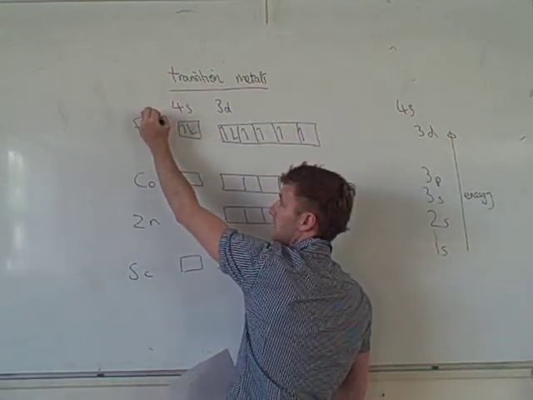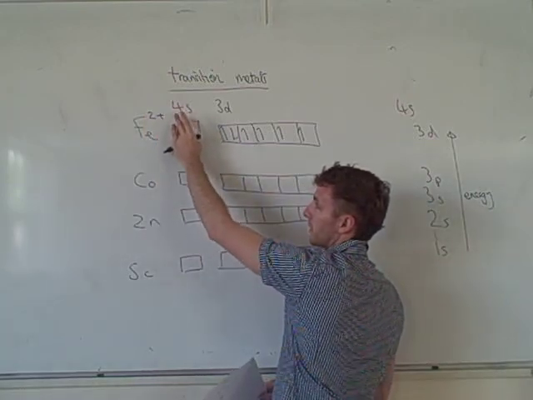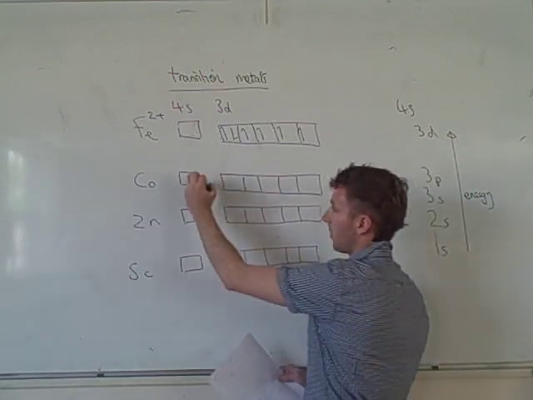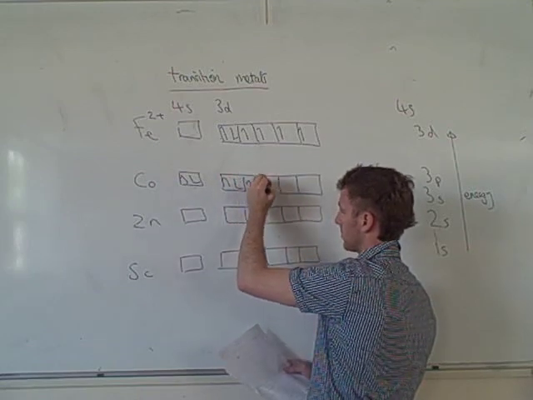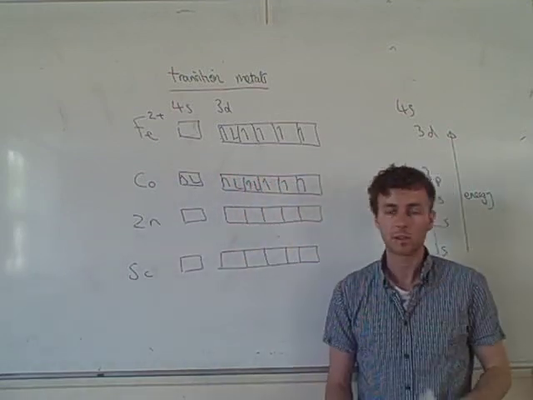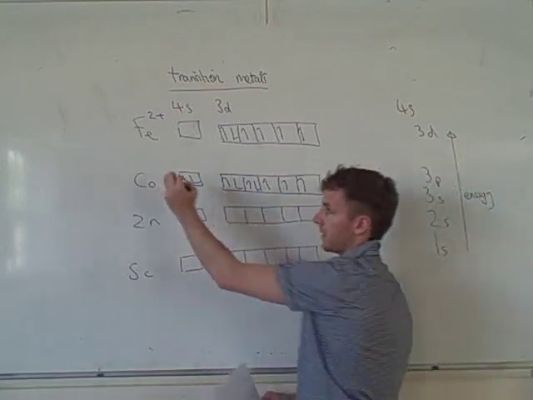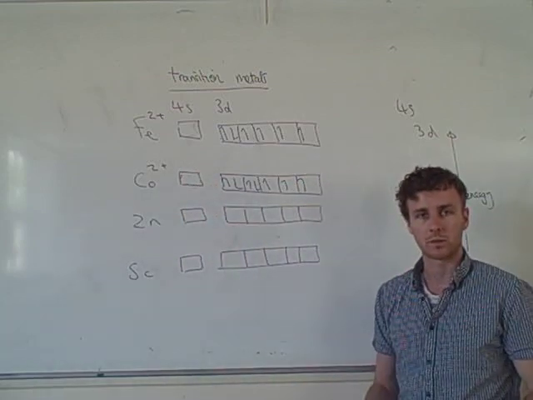If I had iron 2+, I would remove these 2 electrons first, removing them from the 4s before the 3d. So cobalt would have this configuration. It's got 1 more electron than iron. And again, if I had cobalt 2+, I would remove those 2 electrons there.